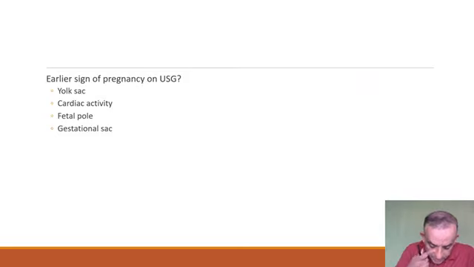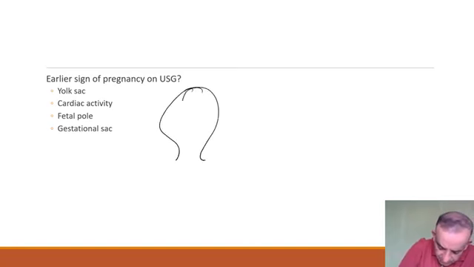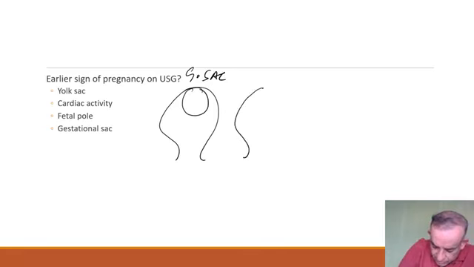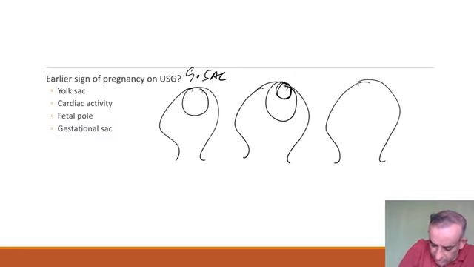Okay, so earliest sign of pregnancy on ultrasound. First thing you'll always see is a gestational sac, and next, along with the gestational sac, you'll see a yolk sac, and next to the yolk sac you're going to see the fetus developing.